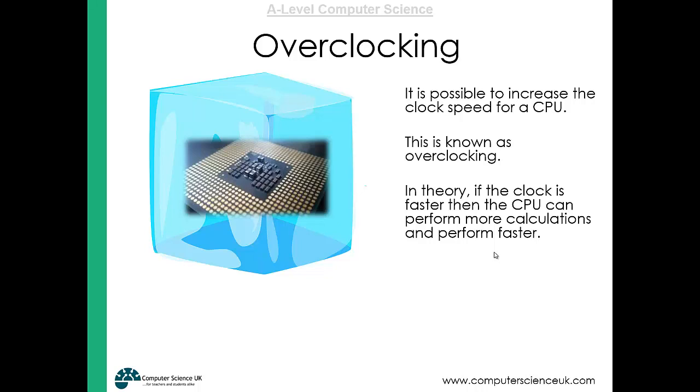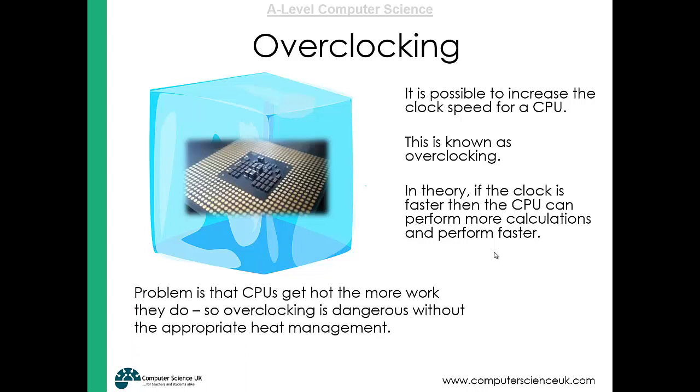In theory, if the clock speed is faster, then it can perform more calculations a second. But the problem is that the CPU will get hotter and hotter the more work it has to do. It's going to be designed to run at a safe speed. So if you're going to overclock it, it's probably not going to be able to work much faster before it overheats and gets too hot.